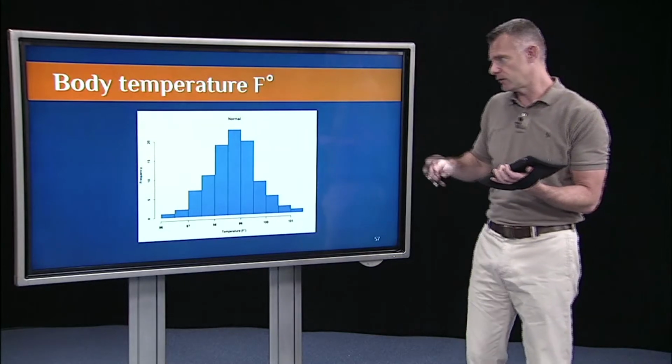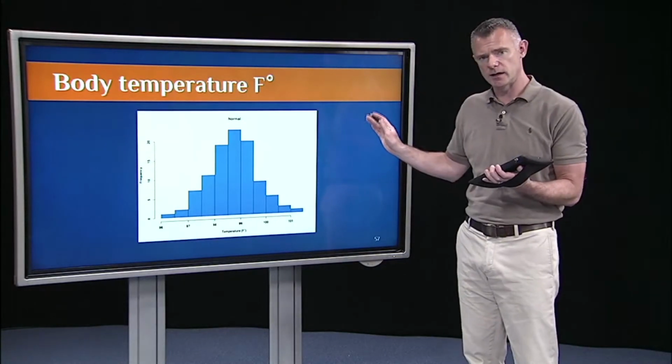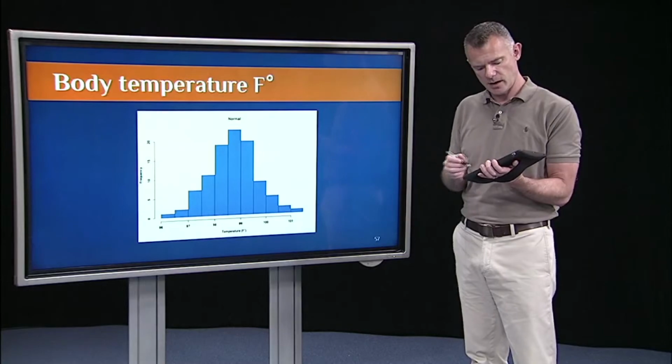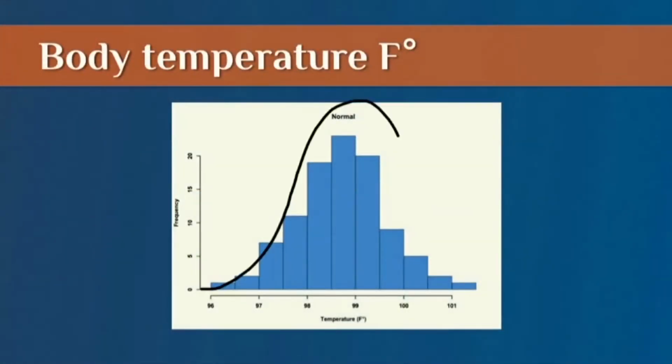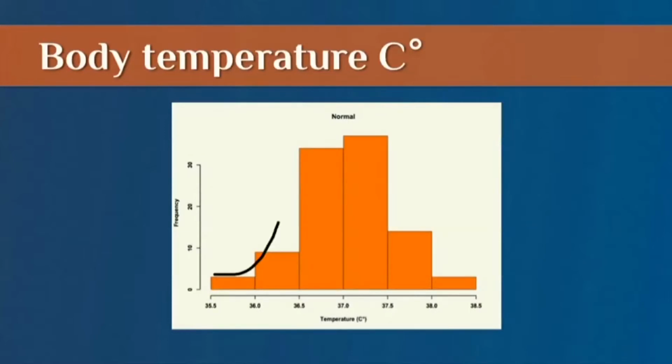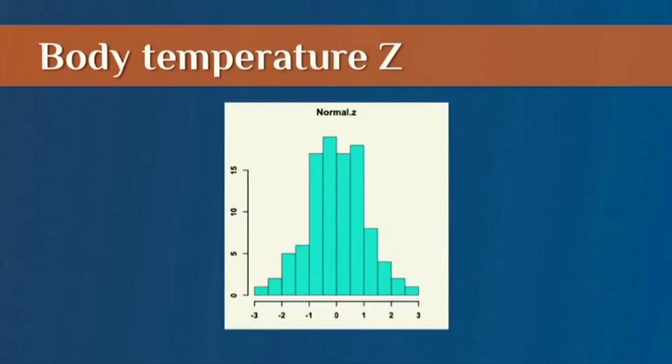Again, let's look at this body temperature distribution. Here it is in degrees Fahrenheit. It's this nice normal distribution. Here it is again in Celsius, again a nice normal distribution. Here it is in terms of z-scores. We did this in R, and R did the breaks a little differently for this graph, but it's still a nice normal distribution.